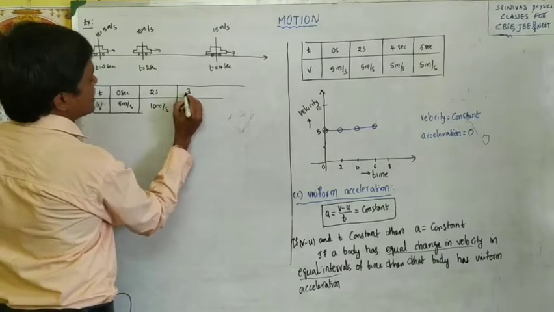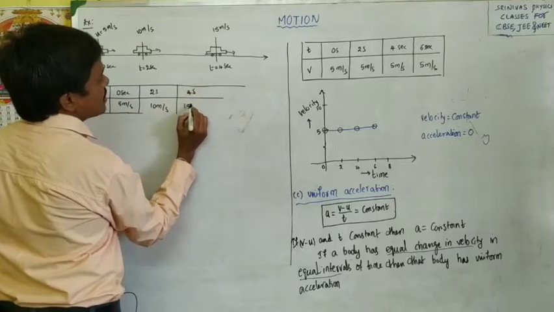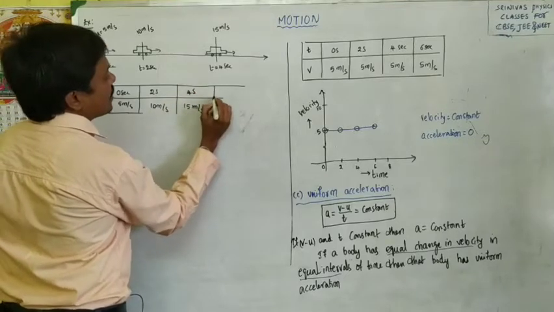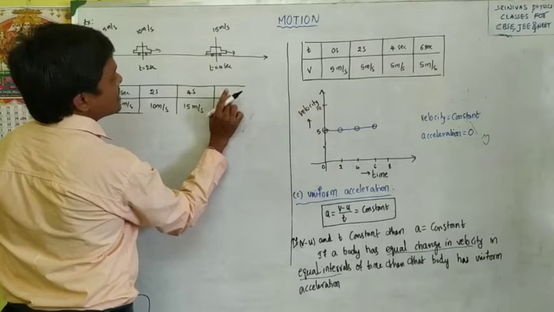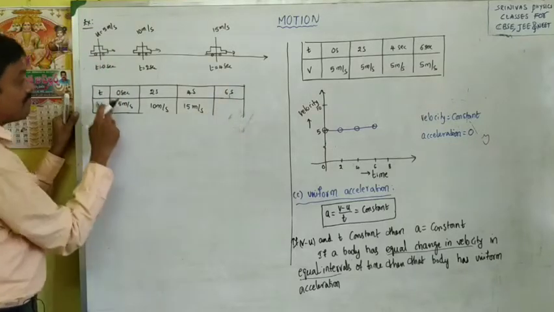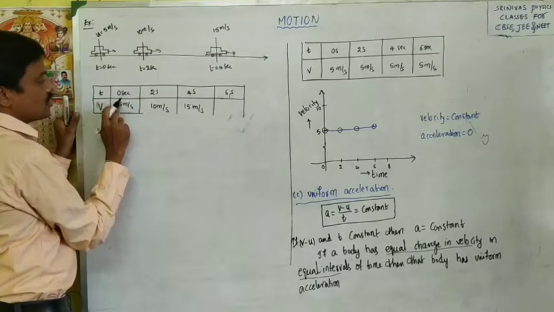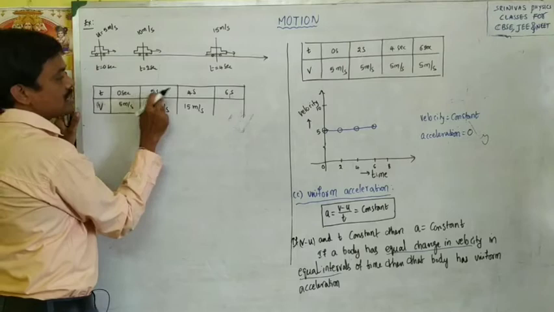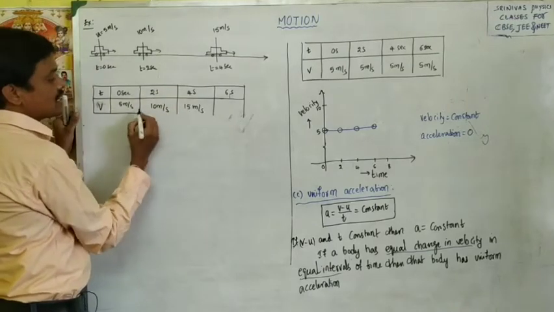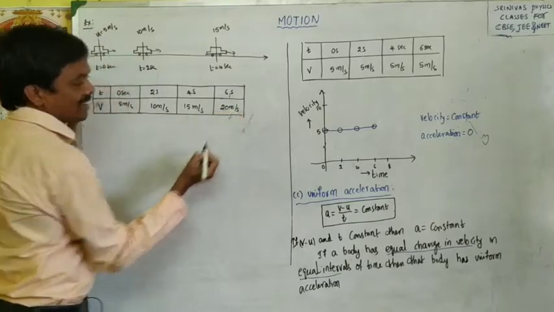After 4 seconds, its velocity is 15 meter per second. Can you tell, after 6 seconds, what is its velocity? For every 2 seconds, how much is the velocity increasing? 5, right? Time is increased by 2, velocity is increased by 5. That means the next one is what? 20 meter per second. Very good.